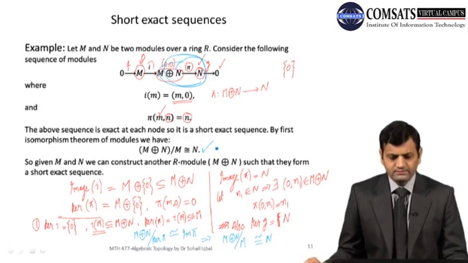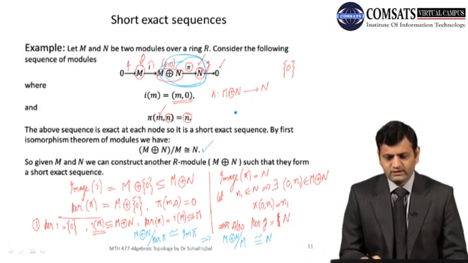So given M and N, we can construct another R module, M plus N, such that they form a short exact sequence. I'm not imposing any condition on M and N. Given any M and N, I can construct a short exact sequence, which is M plus N goes to N, and the mappings are defined in this way.